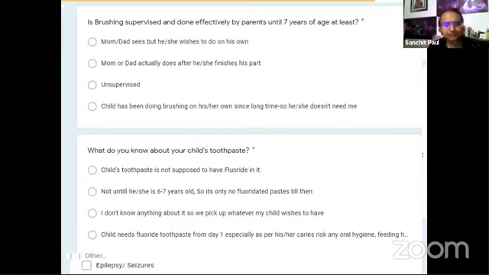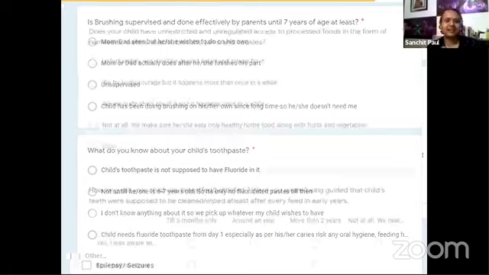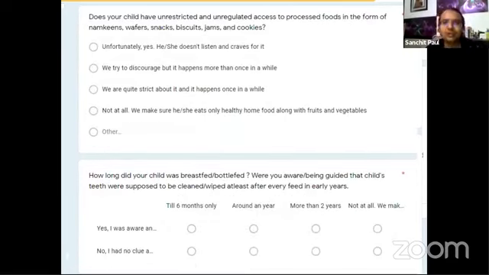Same goes for the child's toothpaste and the dietary part. Again, these are things we can easily do on our own and send across. Let the parent fill it in peace when they are at home. And once you have all the information, you can positively motivate them for each and every criterion you feel is important.